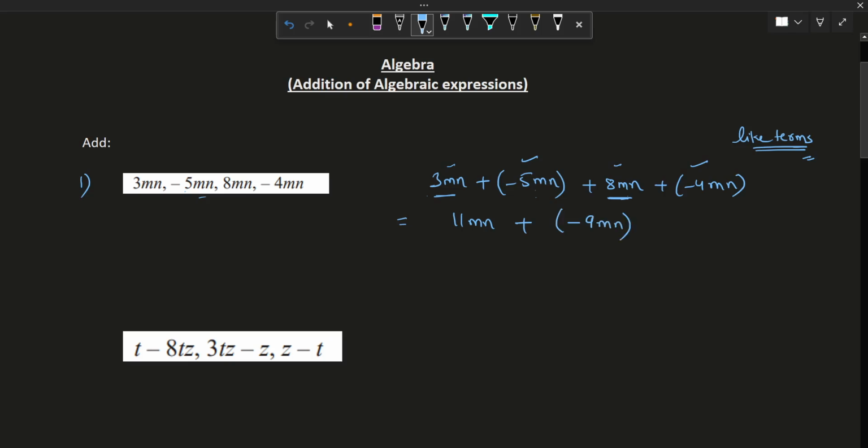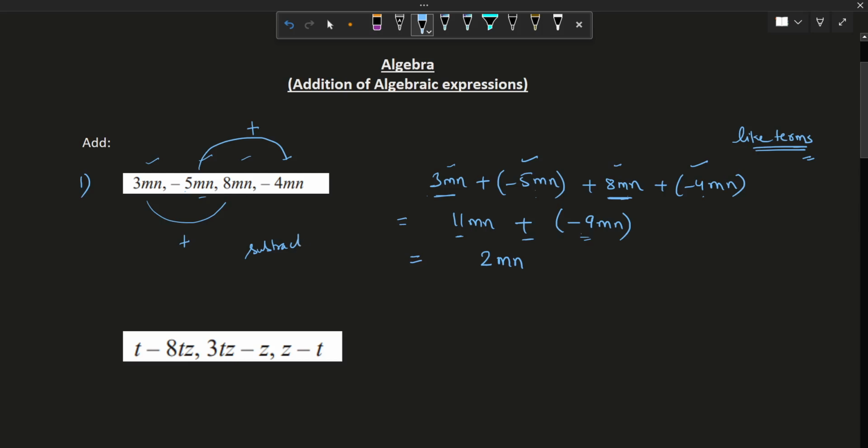So minus 5 and minus 4 is minus 9. Now what is 11 minus 9? That's 2. So 2mn. The sign here is plus over operation, but I'm subtracting here. So you have to follow integer operations. Clear? Whenever you have like terms given, the easiest way is to add all positive terms, add all negative terms, and then subtract.